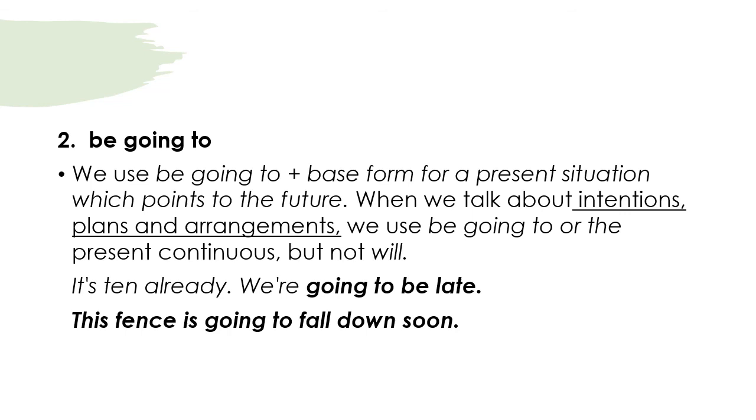So, it's 10 already, we are going to be late. This fence is going to fall down soon. So here we are talking in the present and we are pointing to a future action. So arrangements, plans and intentions in the future can be talked about by using the present continuous form.